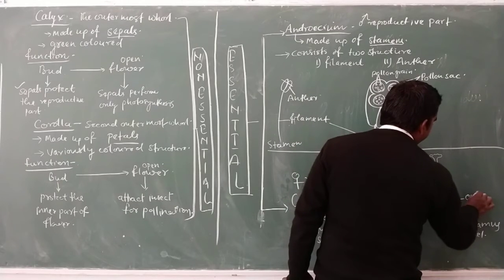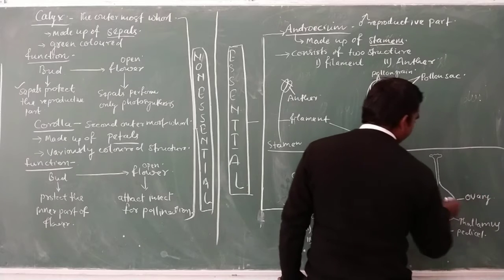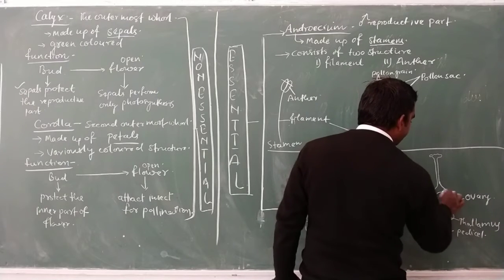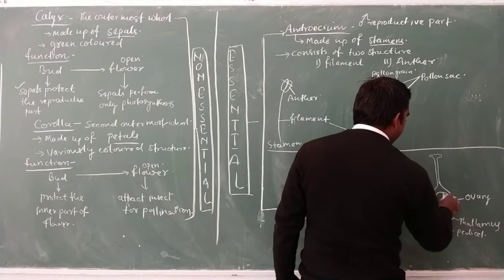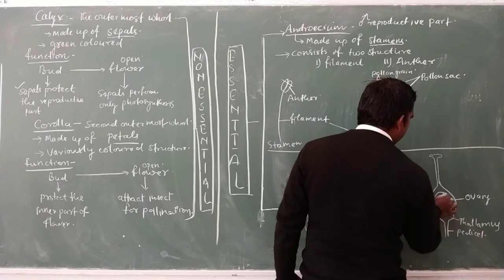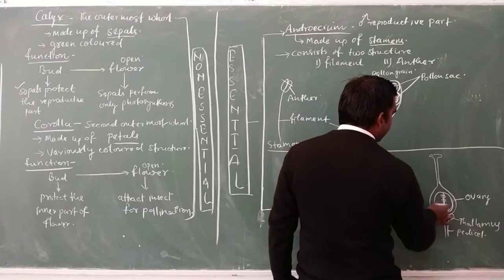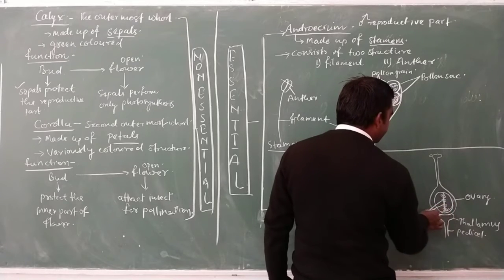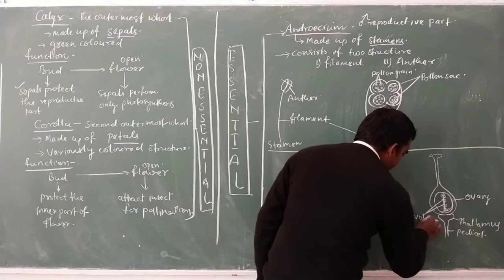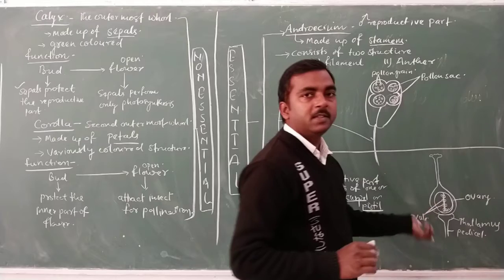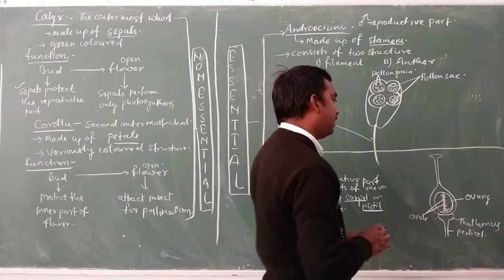This is the ovary, and inside the ovary there are a number of ovules arranged on an axis, and that axis is known as placenta.